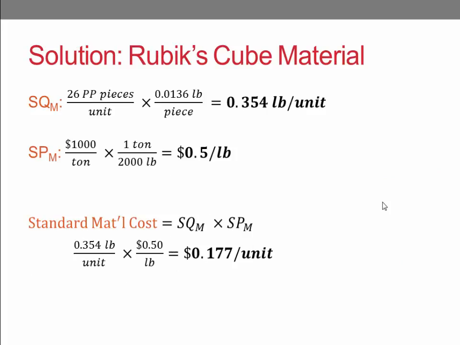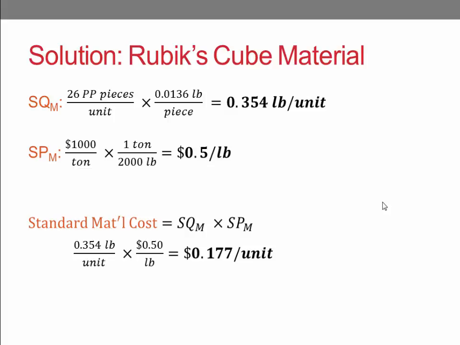For the standard quantity of material, with those 26 polypropylene pieces in a Rubik's Cube, first of all, how much quantity of material is that? And how much is that going to cost us per quantity of material, and then per unit?